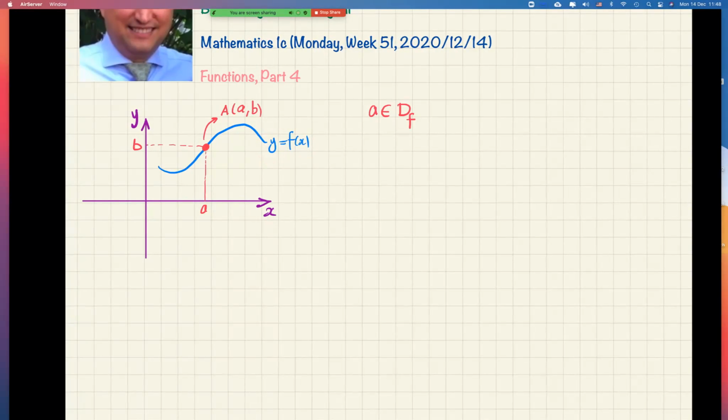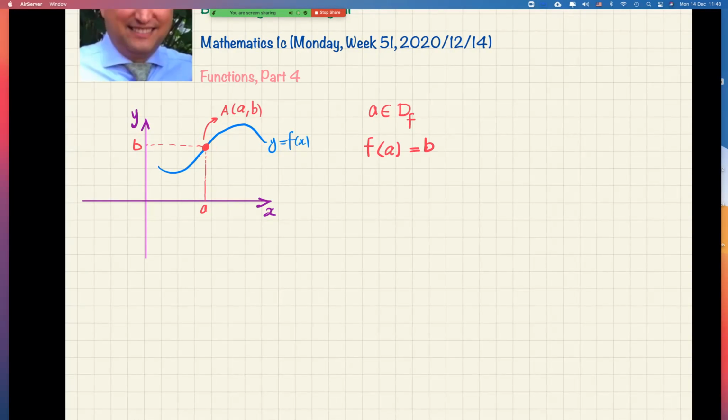The second thing that you understand is that if someone asks you, what is the number that you get out when you put a into the function? Can you answer this question now? b. Exactly. So if you understand the notion of highlight, the reason that this point is on the graph means that at some point it has been highlighted.